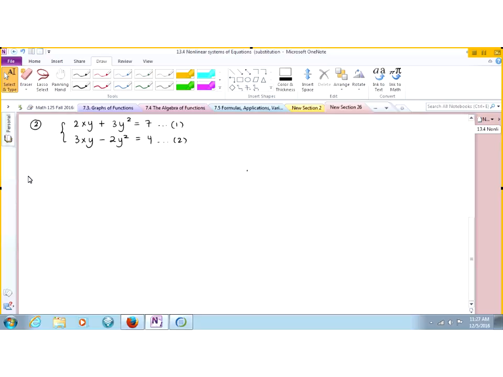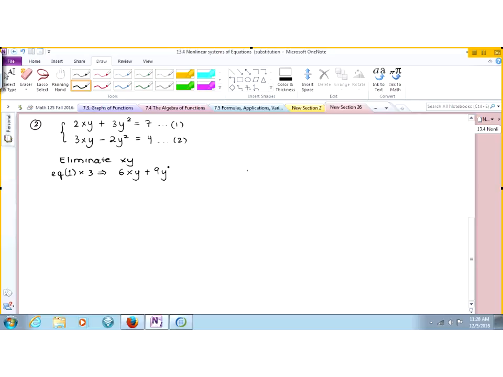Think about it. Would you eliminate? Which one? xy, right? Because if you eliminate xy, then you could solve for y squared and then y. Good. Now, how do you eliminate xy? Yes. Equation 1, we will multiply by 3?